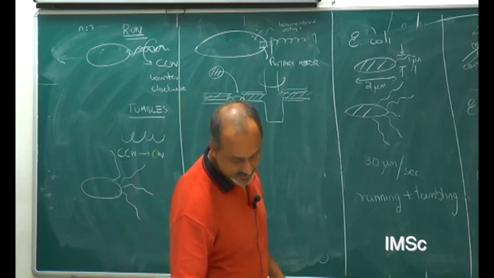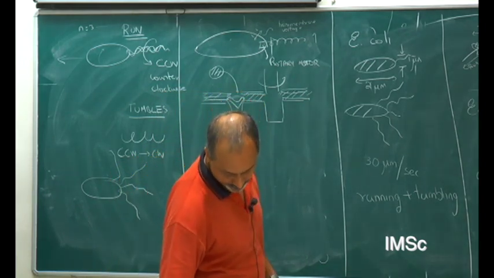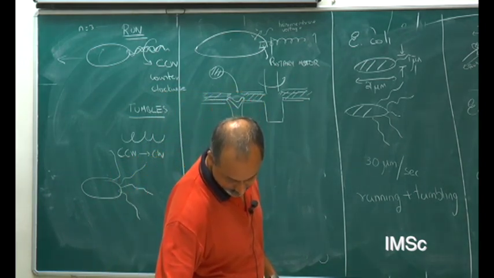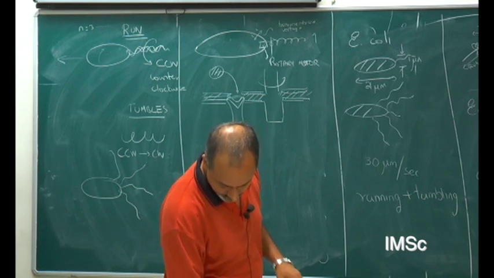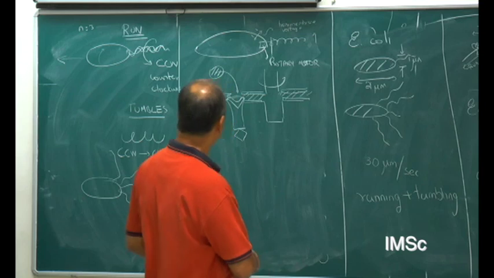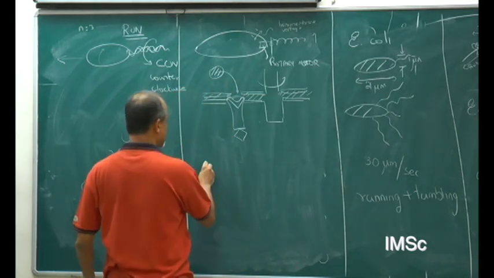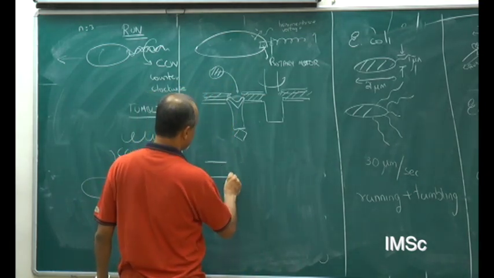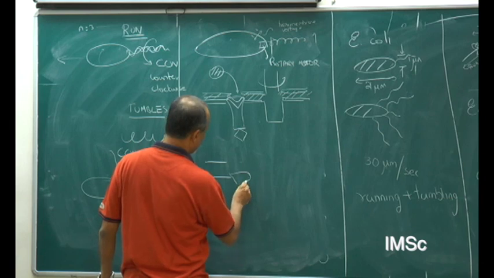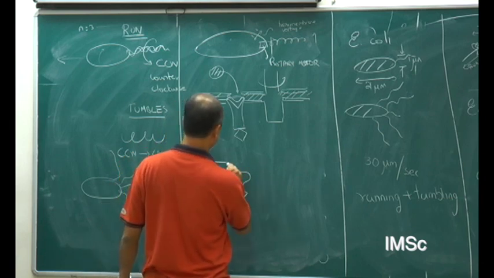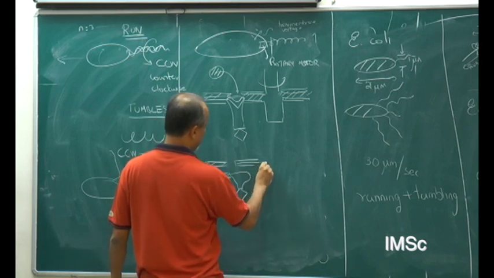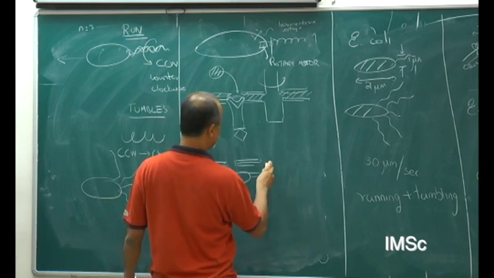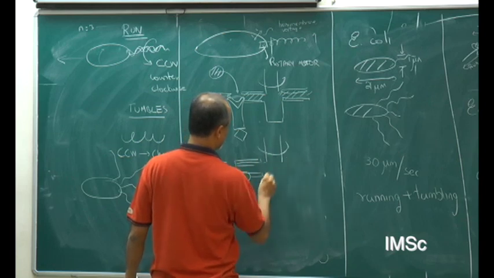So this is a case where the receptor is inactive. So I can imagine two states here. One is, let me just draw this not very well, but at least at some level. I know I should have a nice picture for you, but I don't have it at the moment.